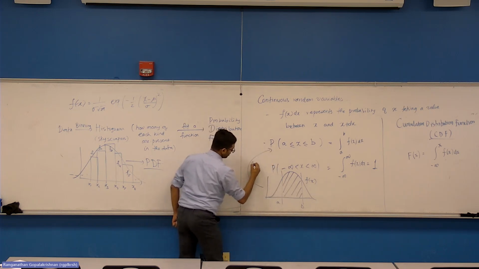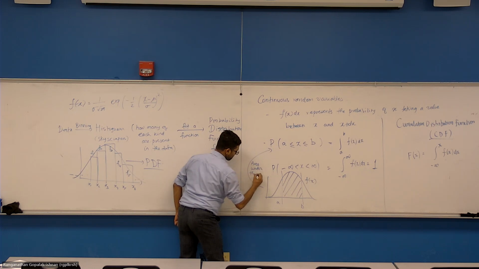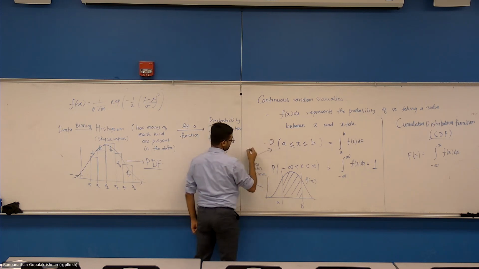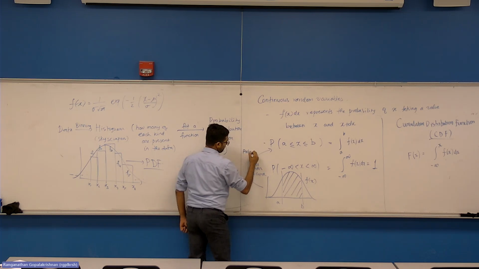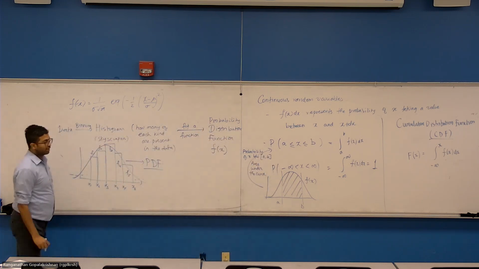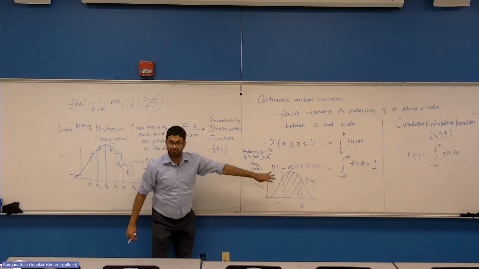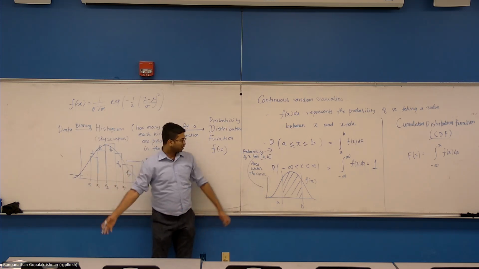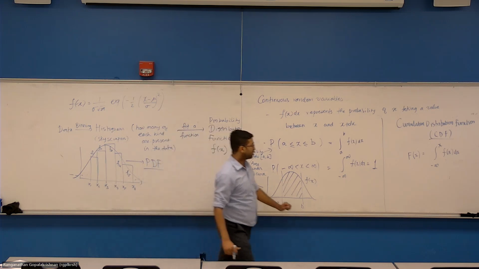I'll write here: area under the curve gives you probability of x between a and b. This is a very important concept. With this is what we will solve problems using the handout.